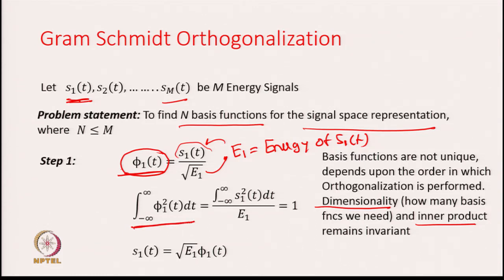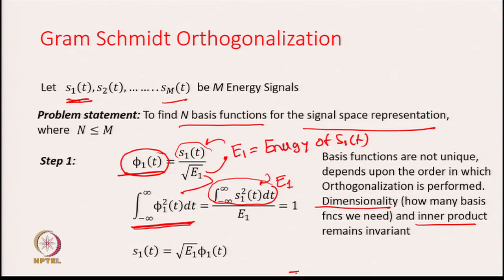So, let us see what the energy of phi1(t) is. Energy of phi1(t) can be obtained by carrying out this integration. We do not have a mod in here because we are assuming that everything is real in this case. So, all signals are real and the basis functions are also real. When we compute the energy of phi1(t), you can simply plug in this value in this integration, as we have done here, and what you have in the numerator is the energy of S1(t). So, we have E1 in the numerator, and in the denominator also we have E1.